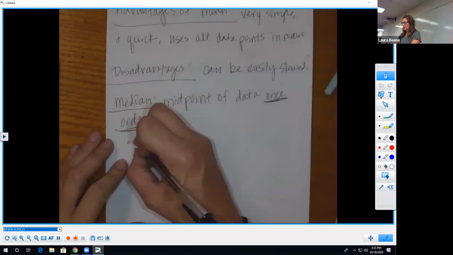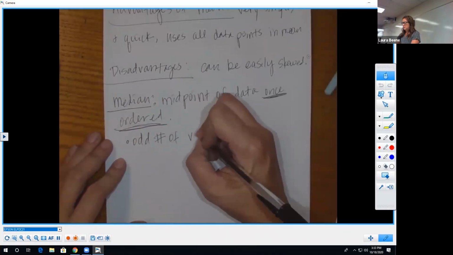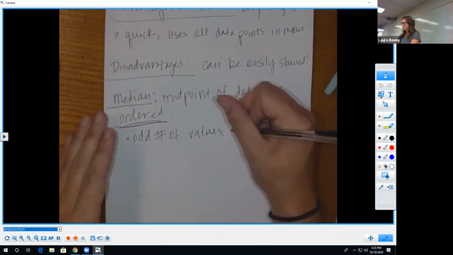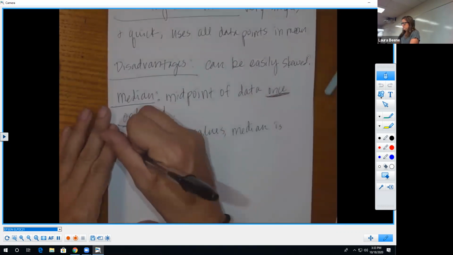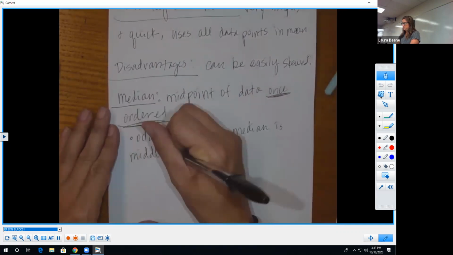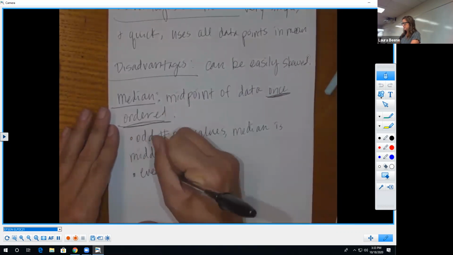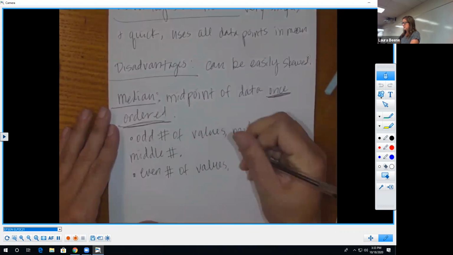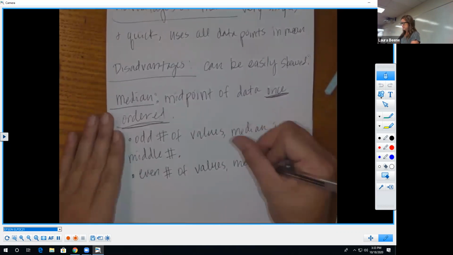If there is an odd number of values, your median is just the middle number. If there is an even number of values, then your median is the average of the two middle numbers.